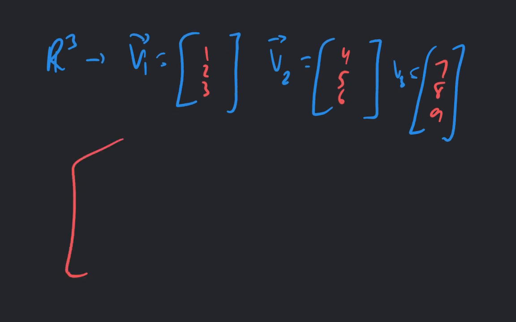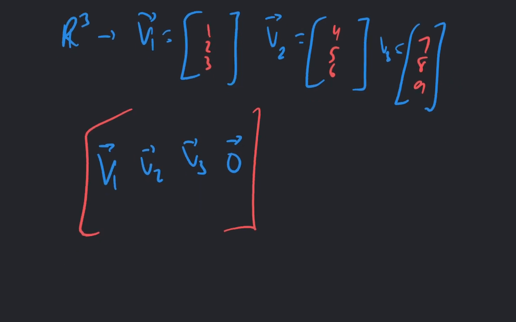The first thing we'll do is make it into a matrix, and a matrix can be composed of vectors, so we would have V1 here, V2, V3, and then we'll have the 0 vector here.